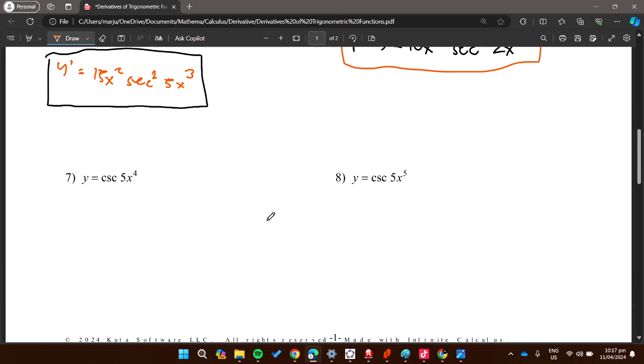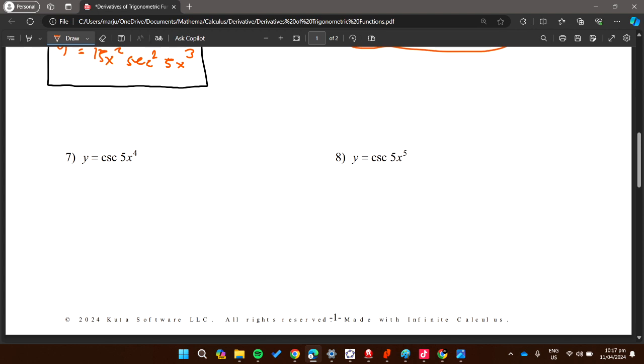Alright, number 7. We have the cosecant. So what is the derivative of cosecant? It's long, right? The derivative is the negative of itself times cot. So we write the derivative as negative cosecant of x times cot of x.